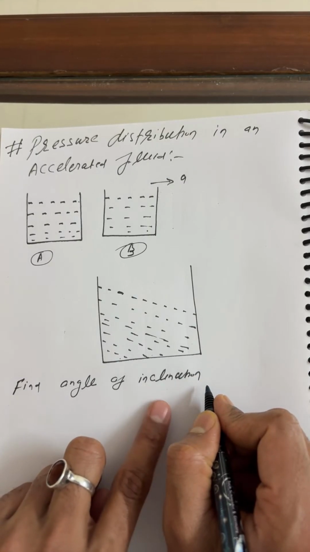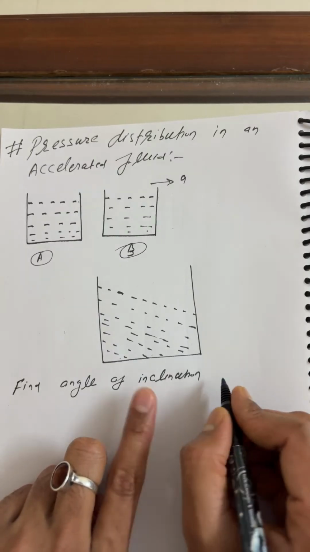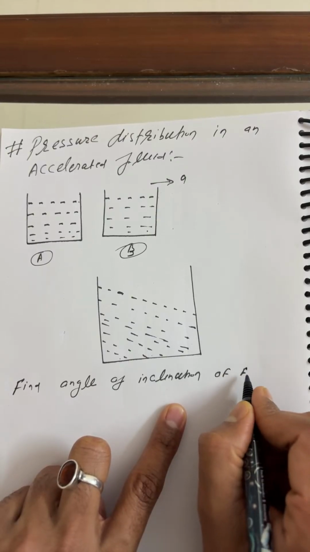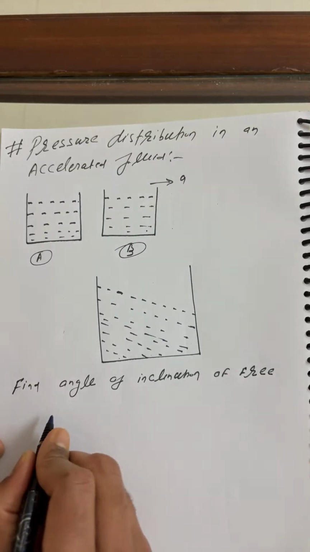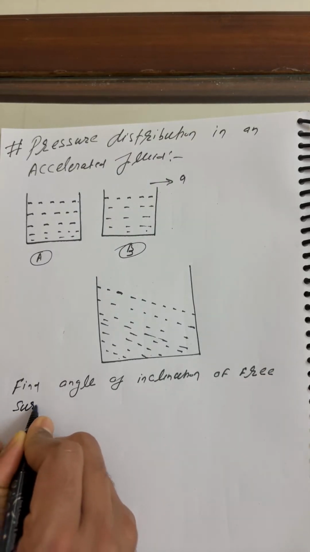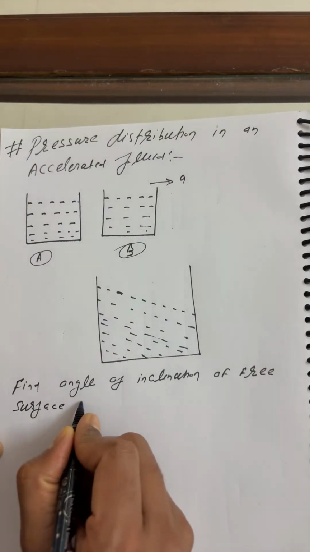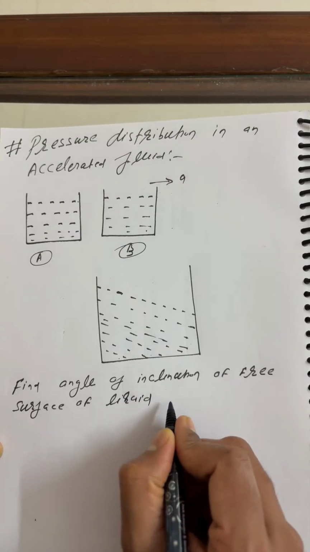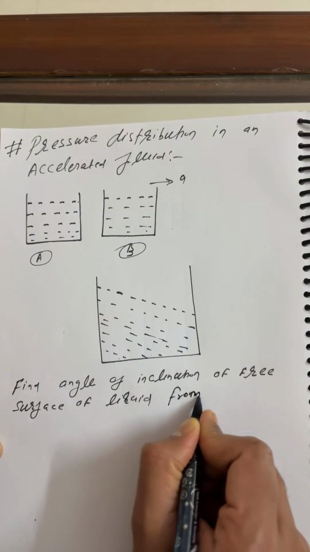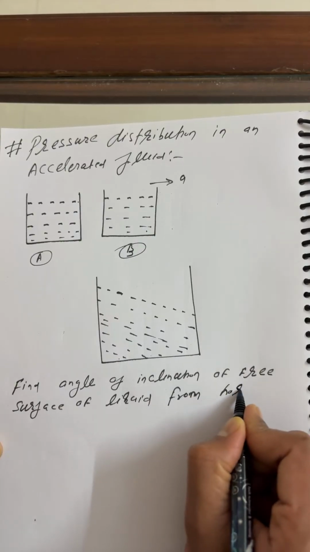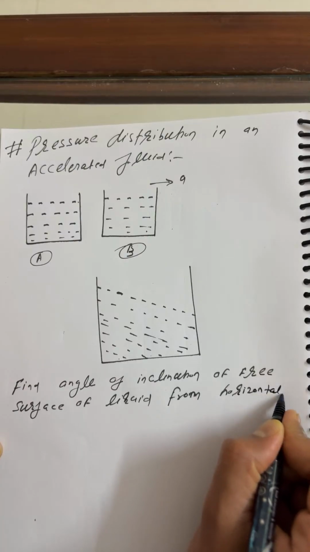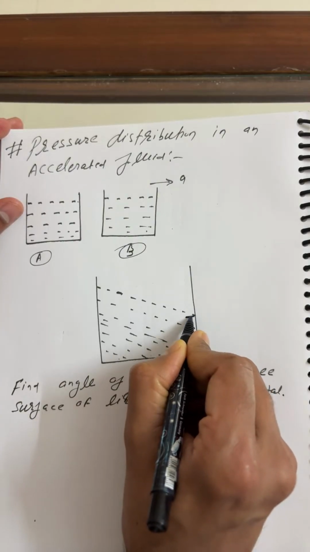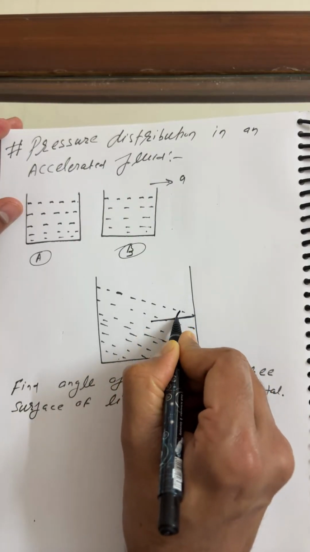Find the angle of inclination of the free surface of the liquid from the horizontal. This is the free surface, so this is the angle which we wish to find.